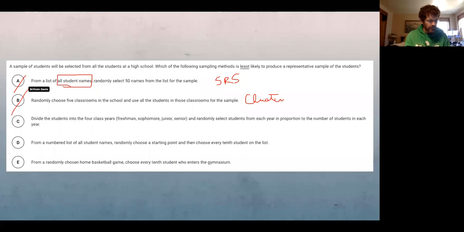Divide the students into the 4 class years and randomly select students from each year in proportion to the number of students in each year. So what kind of sample is this?